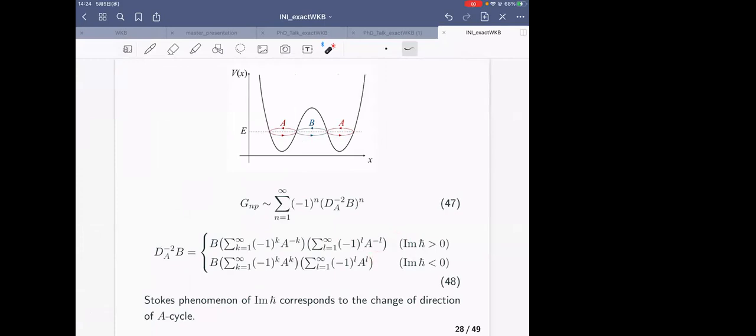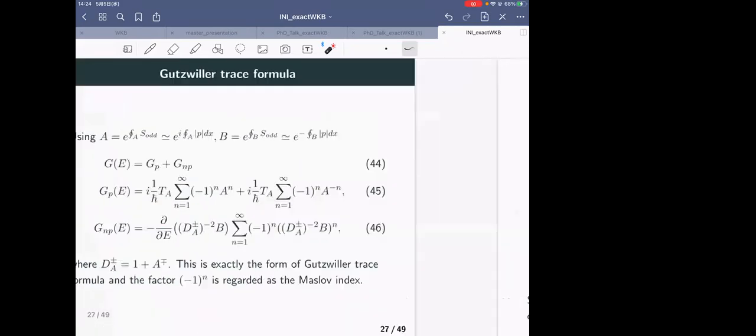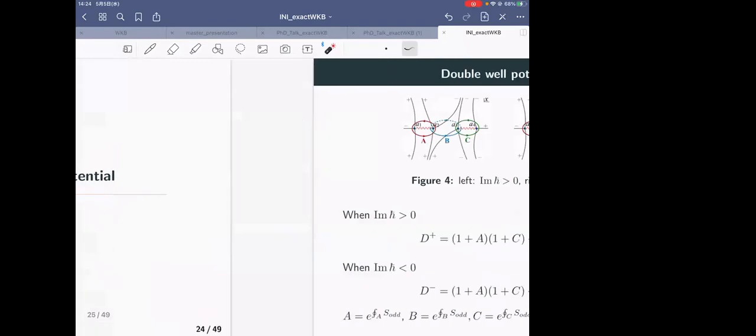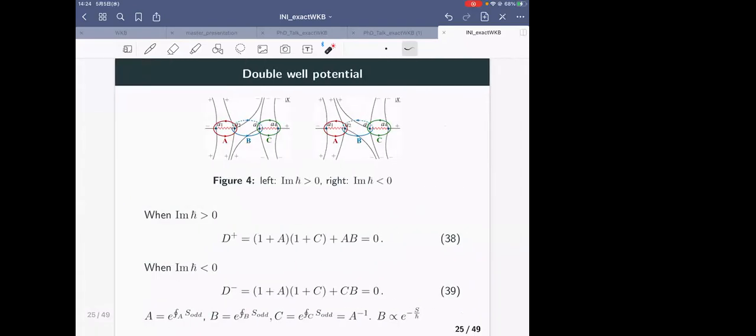So when we change the imaginary part of h bar, the direction of this A cycle changes. This is the Stokes phenomenon of the Gutzwiller trace formula. And this change corresponds to the change of topology of the Stokes graph.